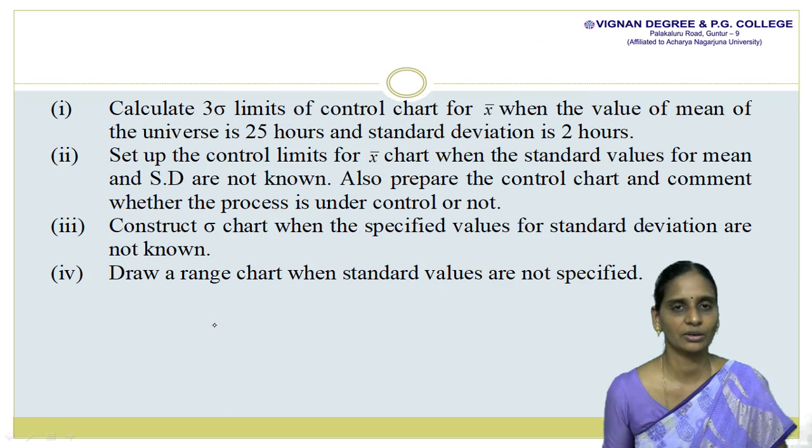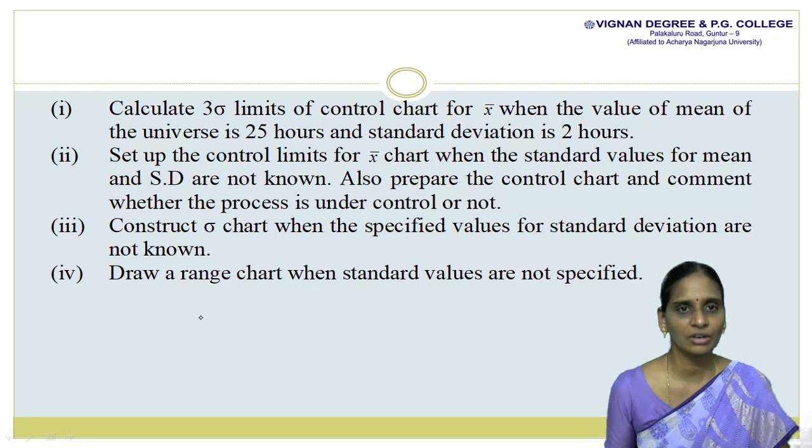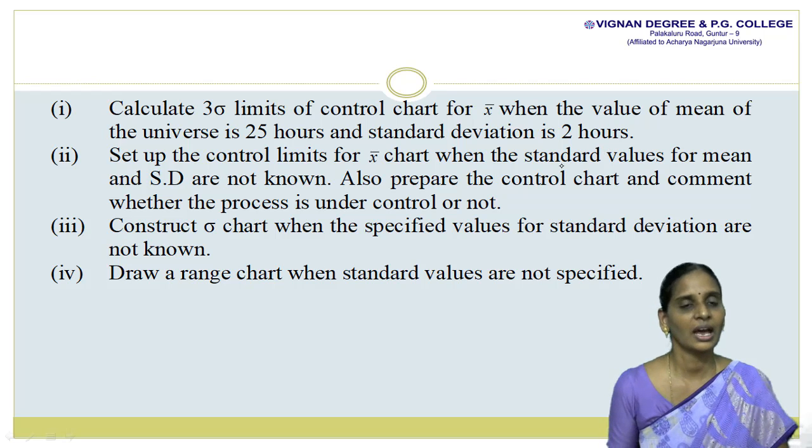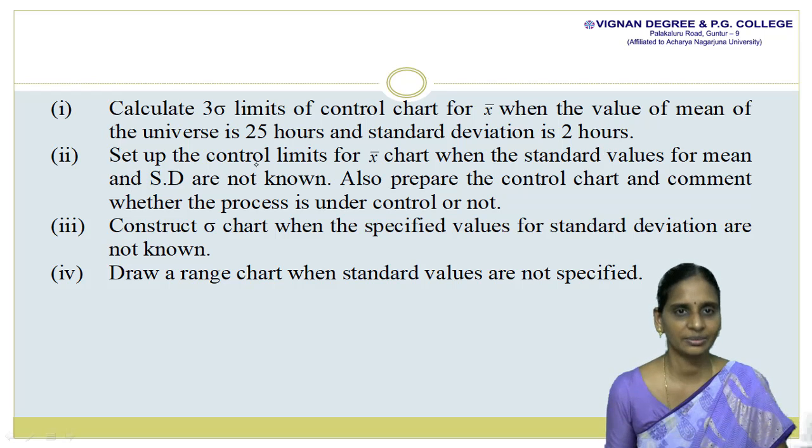Now we have to find out, in this problem, 4 things. First, calculate the 3 sigma control limits for the control chart for X bar when the value of mean of the universe is 25 hours and the standard deviation is 2 hours. In the second question, set up the control limits for X bar chart when the standard values for mean and standard deviation are not known.